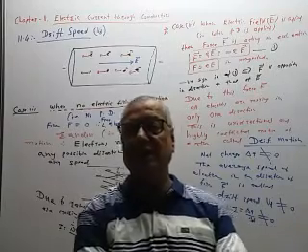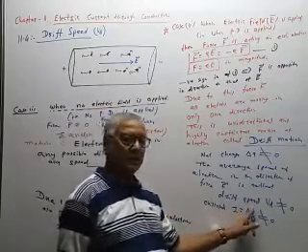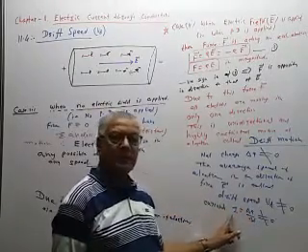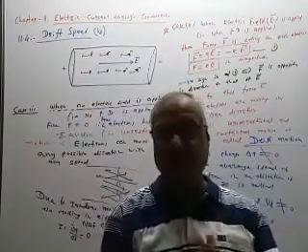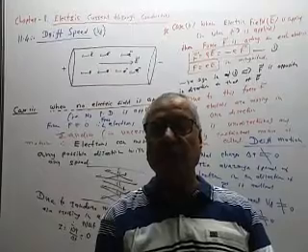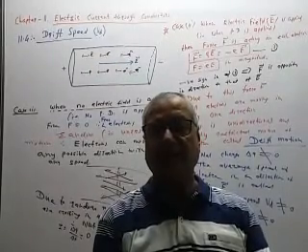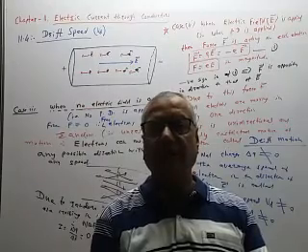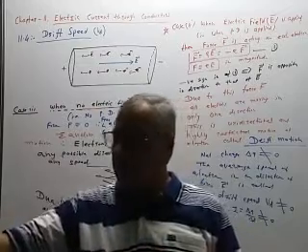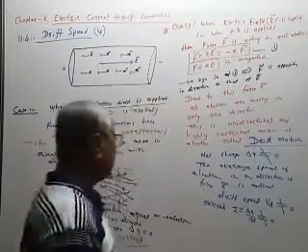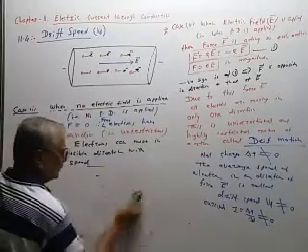It is considered a scalar quantity, because charge is a scalar, time is a scalar, therefore current is also a scalar. But it has direction. So how is this direction decided? The criteria for deciding the direction of the current are given like this.